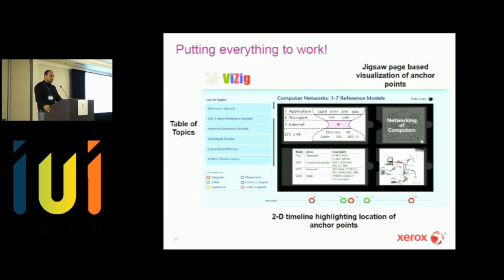What we do is, given a video, we extract a table of topics that I described. On the left-hand side, you see a table of topics that were automatically extracted. Then there's a 2D timeline presented just below the video, which shows the location of different anchor points, as well as their category, whether that anchor point belongs to a diagram, a table, an equation, or a code snippet.